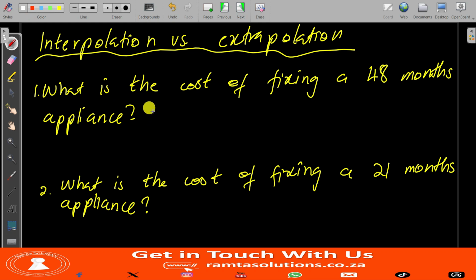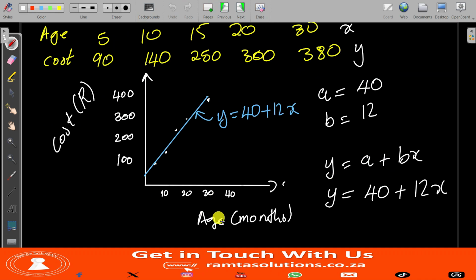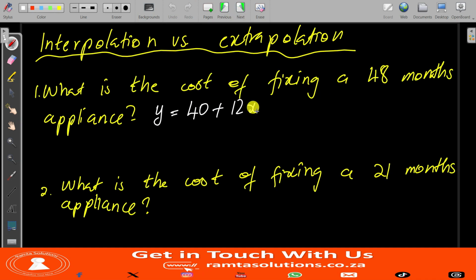We said our line of best fit was y equals 40 plus 12x. Now we said 48 months. As you have seen, age was on the x-axis, so 48 months. So we'll say 40 plus 12 open brackets multiplied by 48, right?